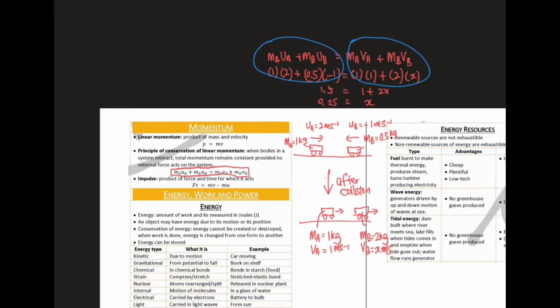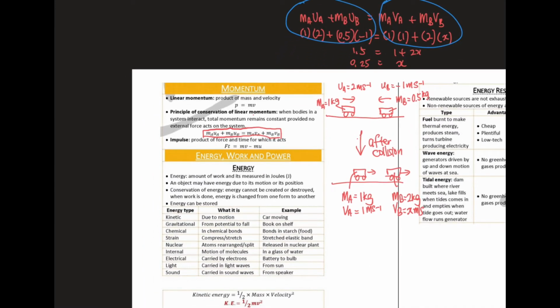We have other situations also. This is not the only situation. We have other situations where the formula for the principle of conservation of linear momentum is a little bit different. Our first case, I call it elastic collision.